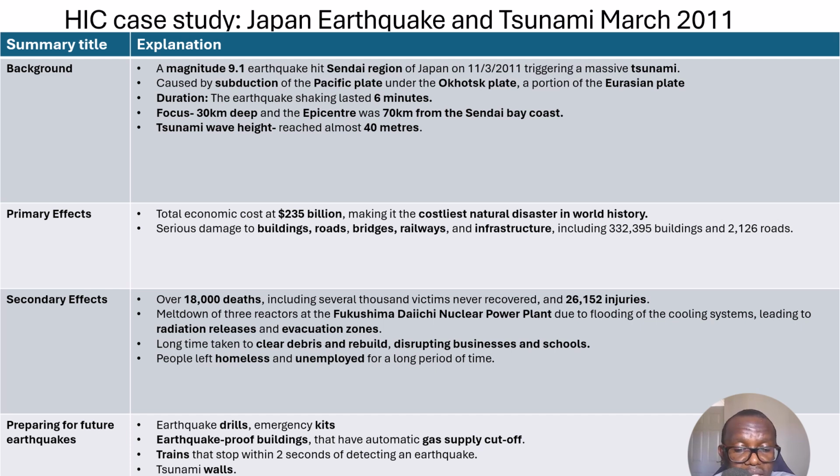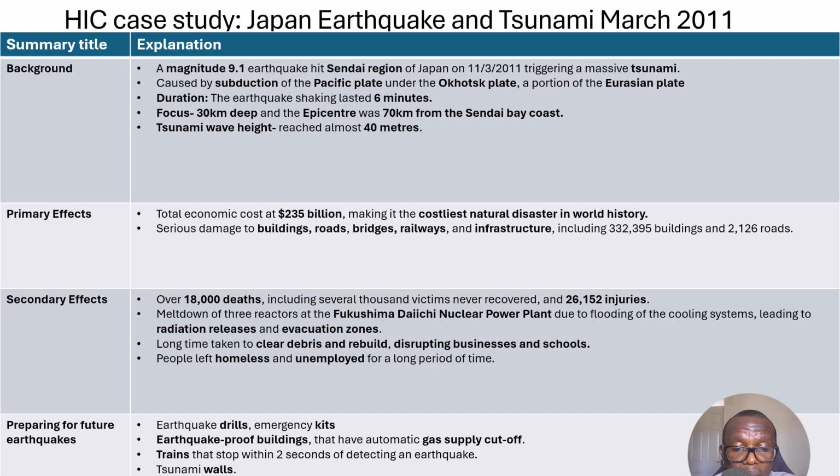So as far as the secondary effects go, there were over 18,000 deaths. Now, these included several thousand victims who were actually never recovered, and then there were 26,152 injuries. So there was also a problem at the nuclear power plants at Fukushima.